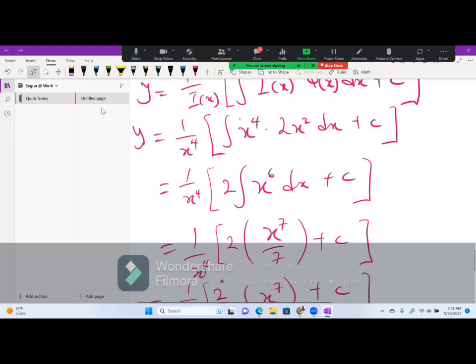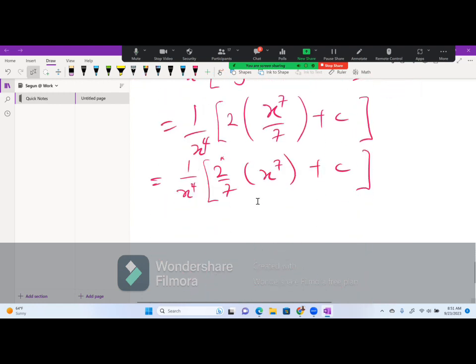I can take my constant out, 2 over 7. Then I will multiply, take this one inside. It's still the same thing. But we just want to remove all the x. So I can now say 1 all over x raised to the power 4 multiplied by x raised to the power 7 plus 1 all over x raised to the power 4 multiplied by c.